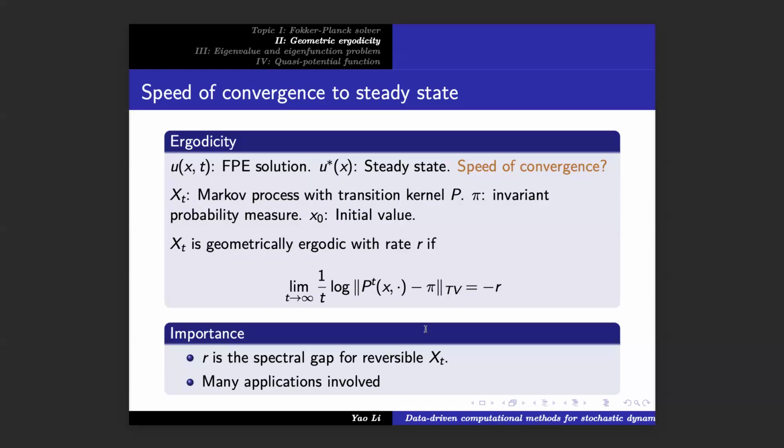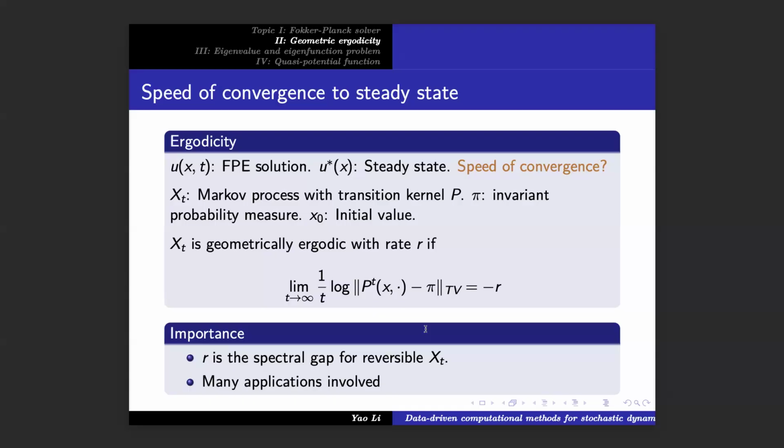Then it turns out that it entirely depends on how fast you have the convergence. The faster the convergence is, the more robust it is against small perturbations. The less likely that you change some small parameter and then suddenly the entire steady state moves.